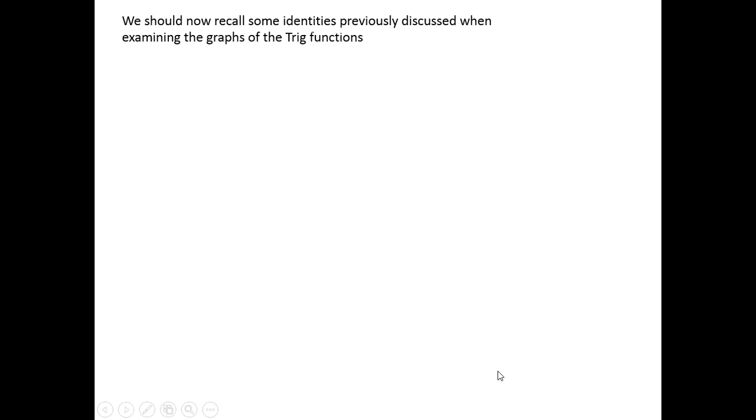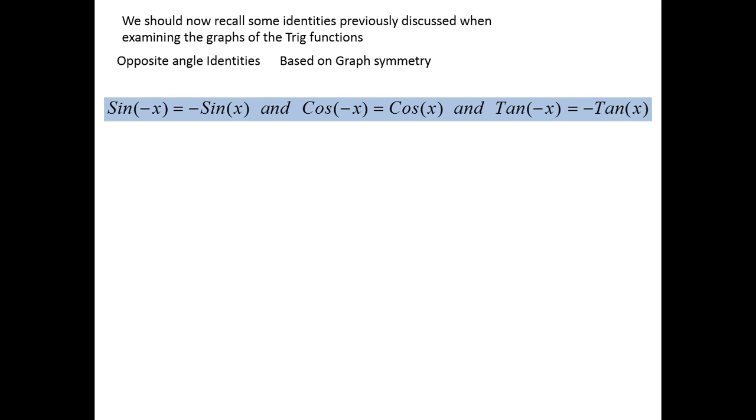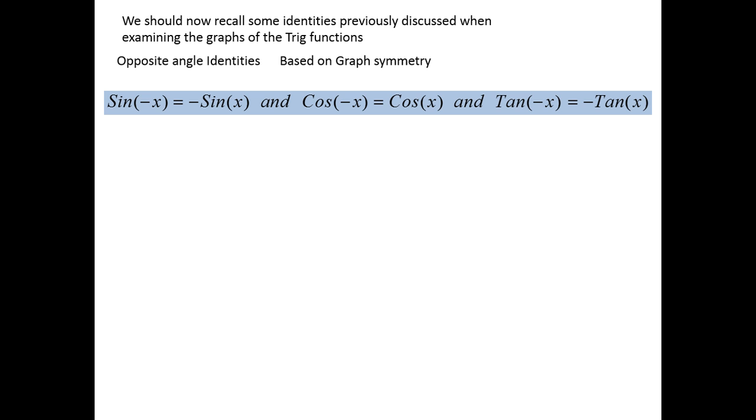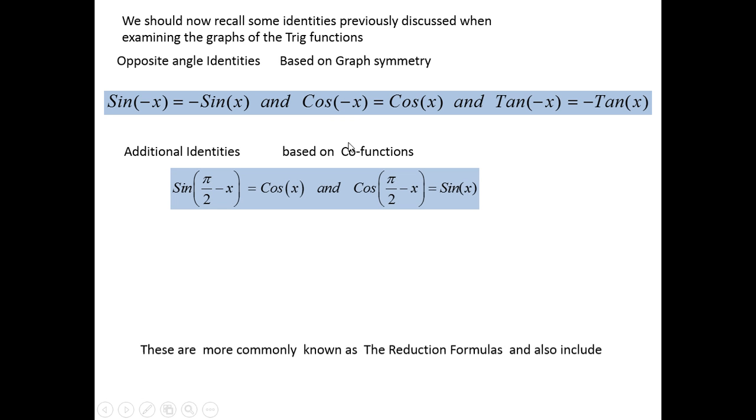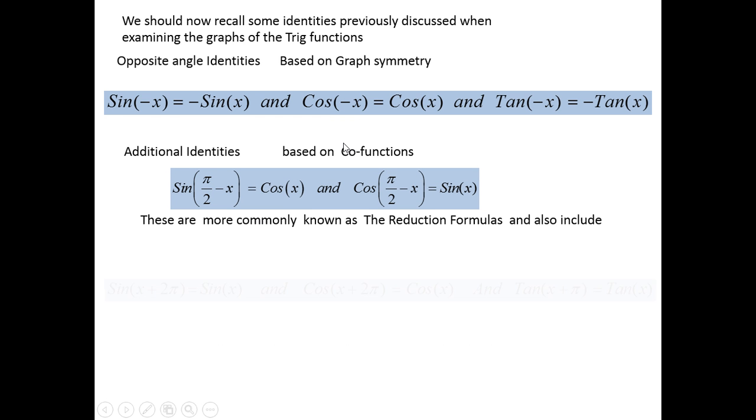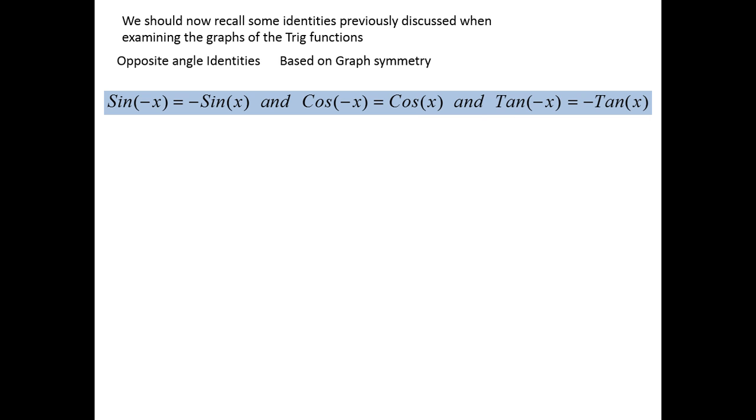Here are some other identities that we have seen, which arose from the graphs. The sine of a negative angle is the negative sine of the angle. We saw that when we looked at the graph and the symmetry about the origin. The cosine is symmetric about the y-axis, so the cosine of a negative angle is the cosine of the angle.